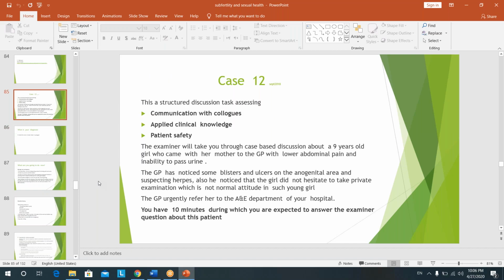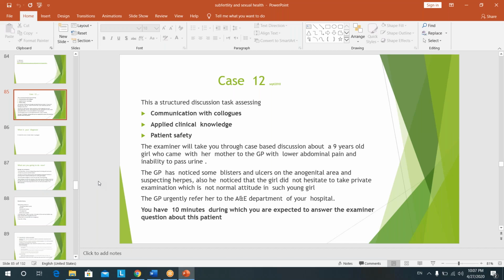So what are the important points you want to know from the history of this patient? From the history, I would like to elaborate more about her pain. Since when she has this pain, what is the location, any relieving factor, any aggravating factor, the duration of the pain, and any associated symptoms.